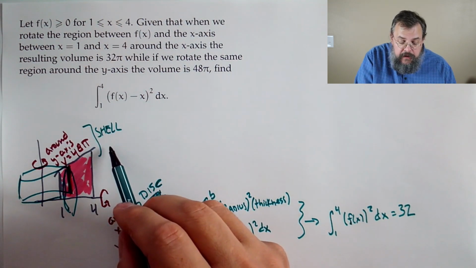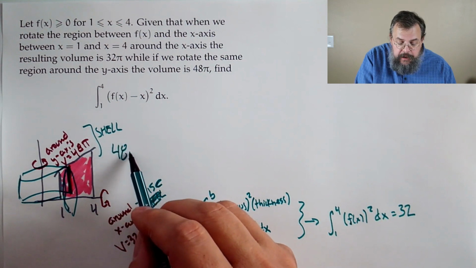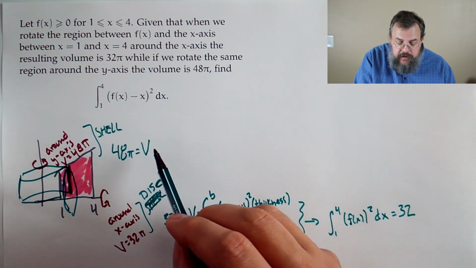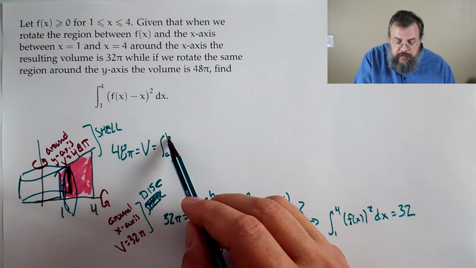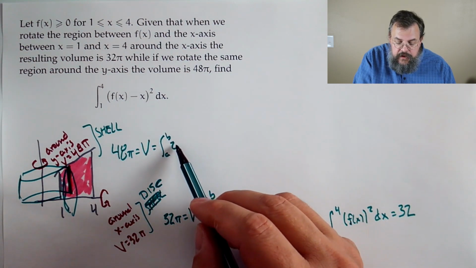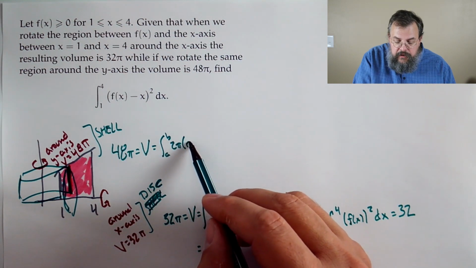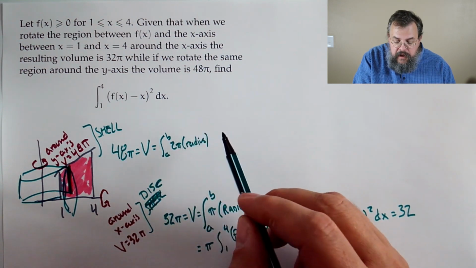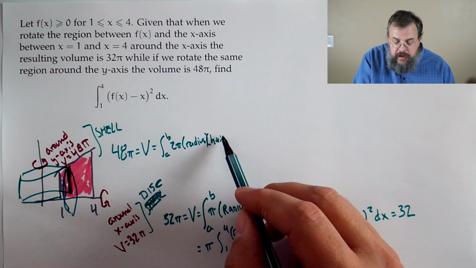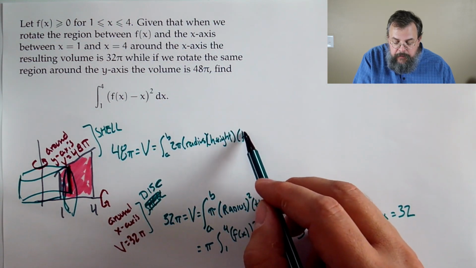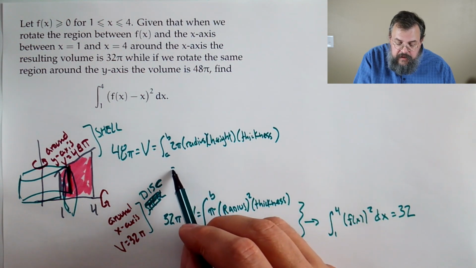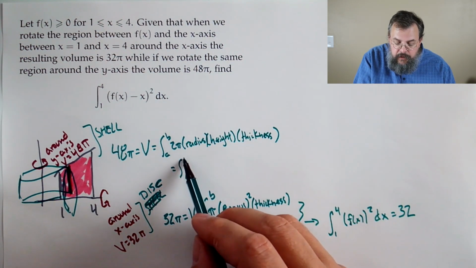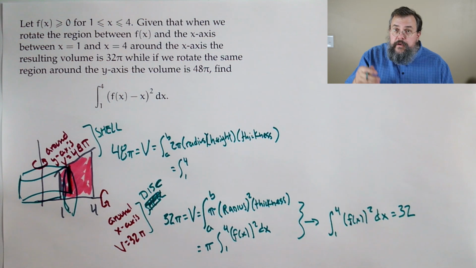So what do we have? Well, we have our volume, 48 pi, is, shell method, would be integral a to b of 2 pi, our radius, our height, and our thickness. All right, so in our case, we go 1 to 4, because we're doing a vertical slice.